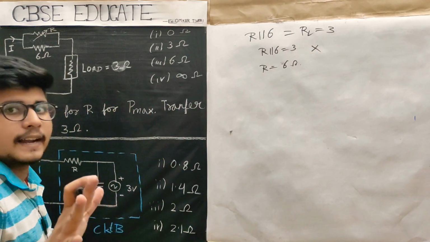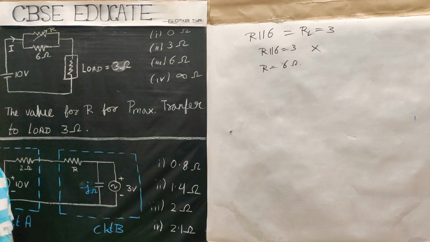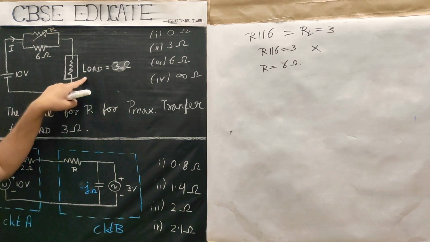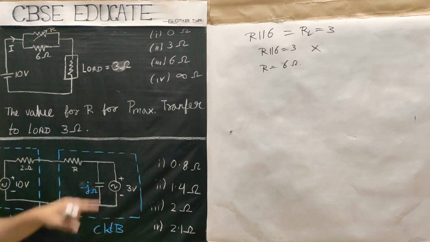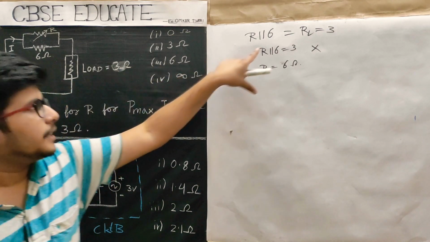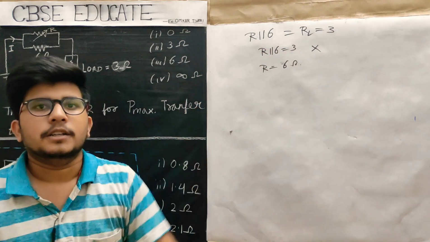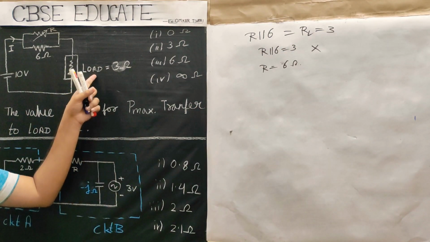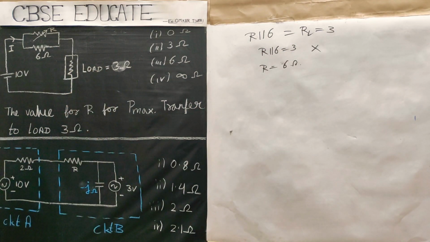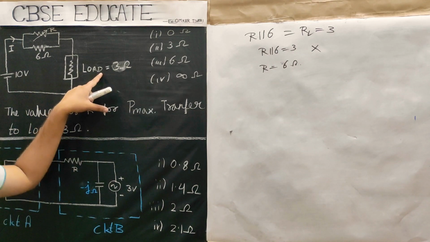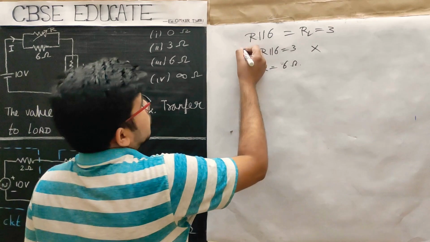Because I have told you that RTH is equal to RL only when the load resistance is variable. Here the load resistance is fixed at 3 ohm, it's not variable, so this will not be applicable over here.